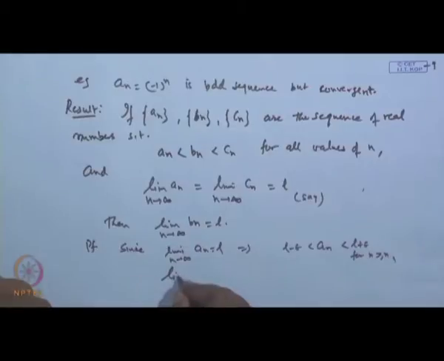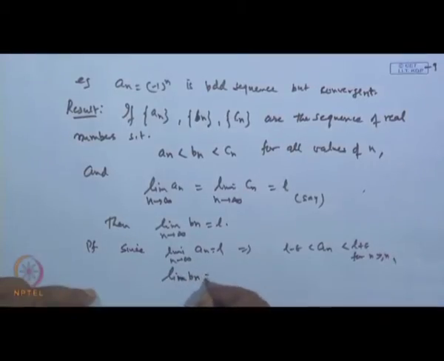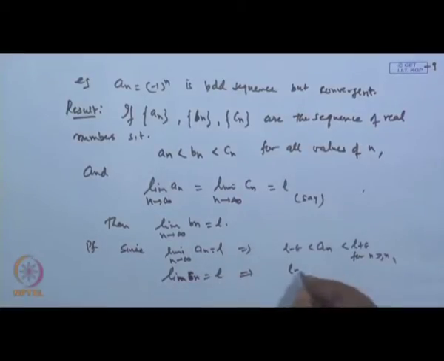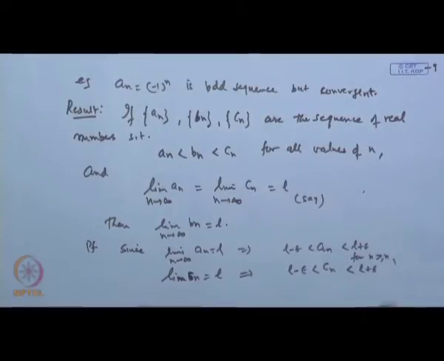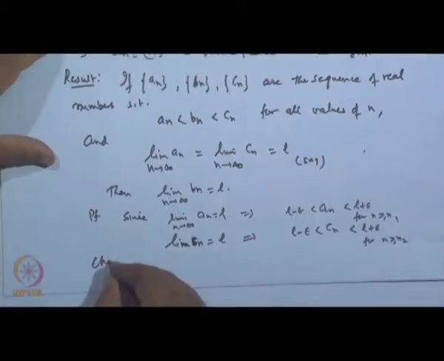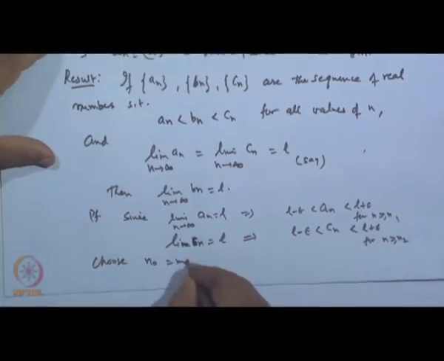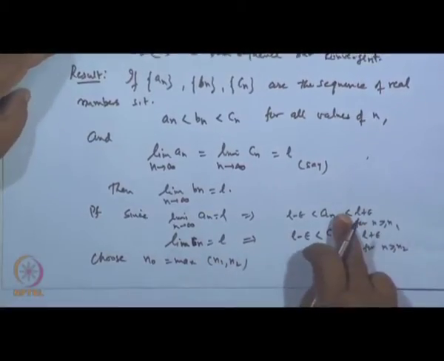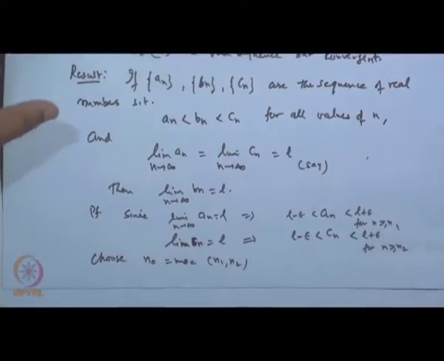Similarly, limit of C n is L, so L minus epsilon is less than C n, which is less than L plus epsilon, for n greater than or equal to n 2. Now, if I pick n greater than n 1 and n 2, choose n naught as the maximum of n 1 and n 2. So, for all n greater than n naught, this condition is satisfied for both. Okay.